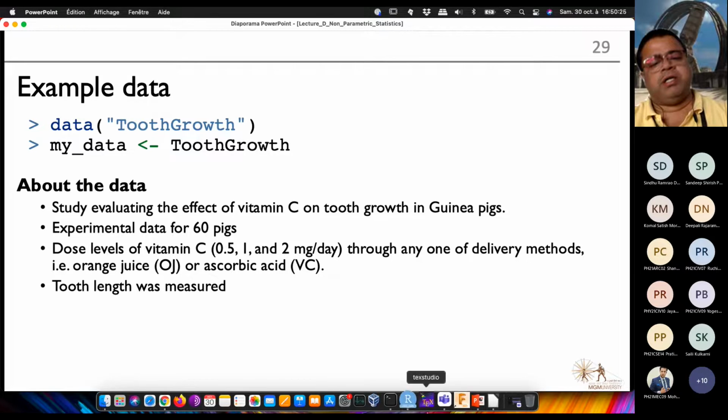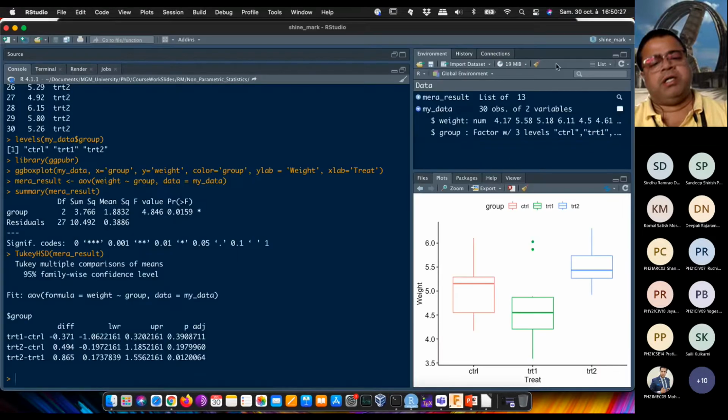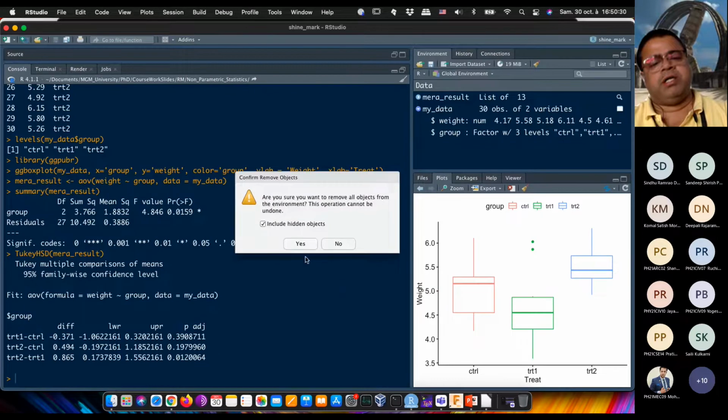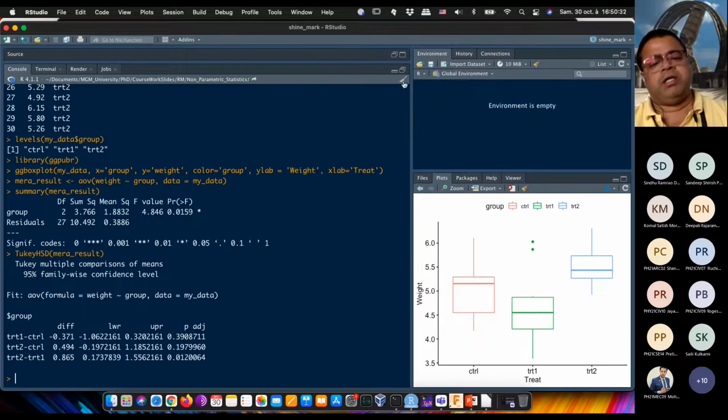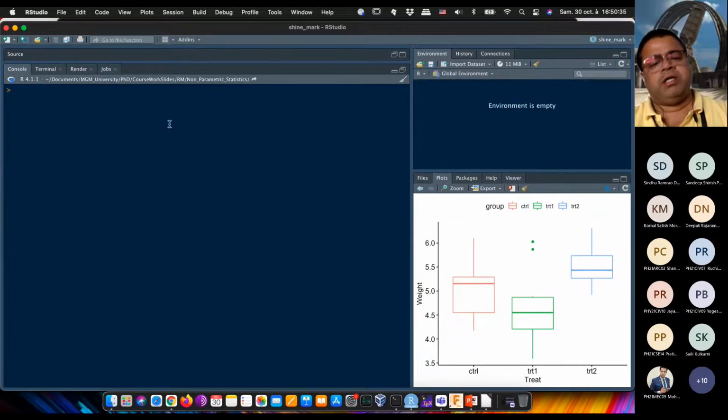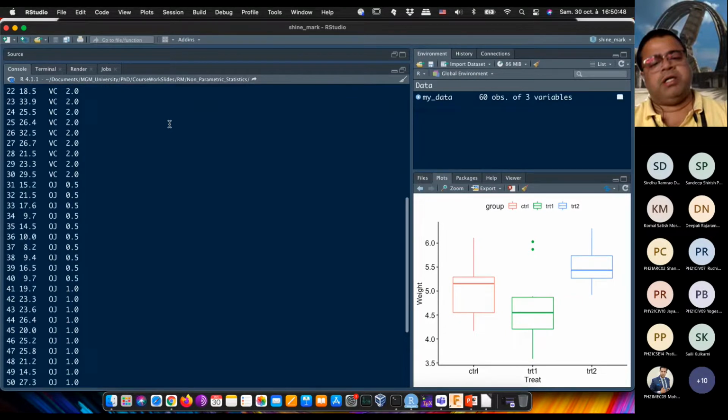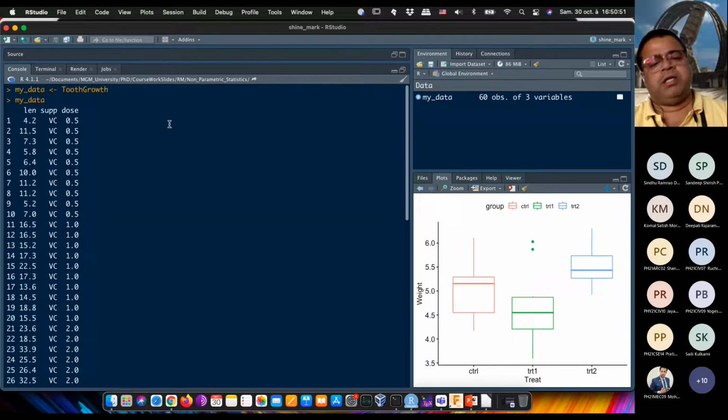So again, I'm going to come back to this particular screen and clean all the things here. I just put it as my data, and it is tooth growth. Okay, so this is the data, and let us see how it looks. Look at how this is looking. This has the length of the tooth, and then there is a supplement being given.